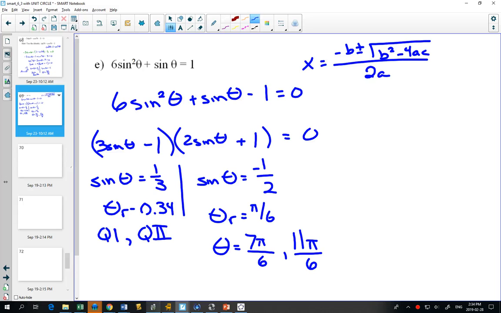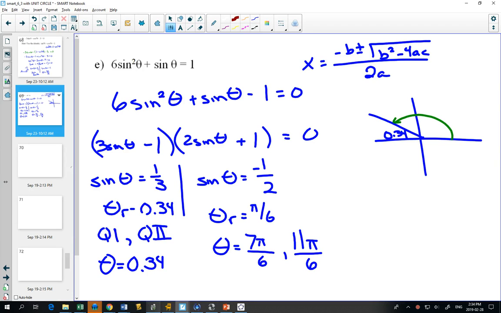My angle in quadrant 1 will be the 0.34. And if I had that same reference angle of 0.34 in quadrant 2, how do I find this angle? Well, all the way would be pi minus my reference angle.